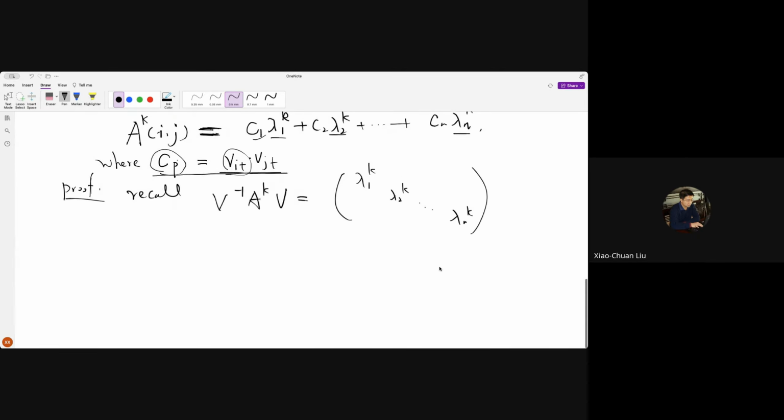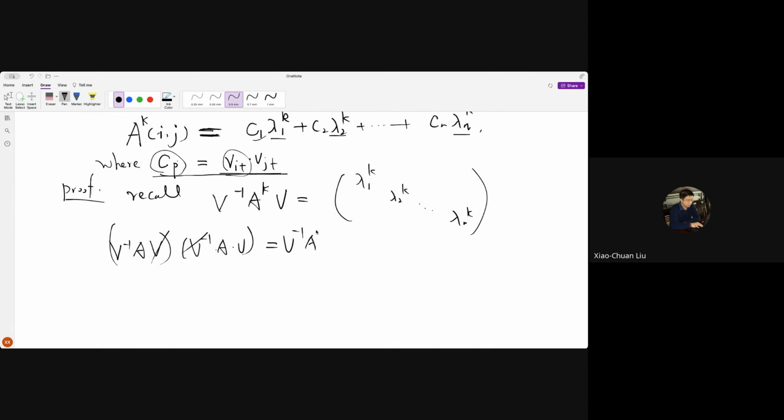This is because if we put 1 here, it is a diagonal matrix, and if you put k copies of V inverse A V, for example V inverse A V times V inverse A V, you cancel the middle and get V inverse A squared V. So it's the same as V inverse A V to the power of k. This is why diagonal matrices are good.